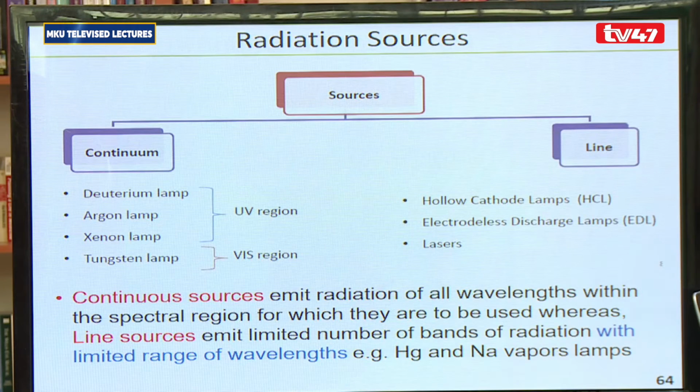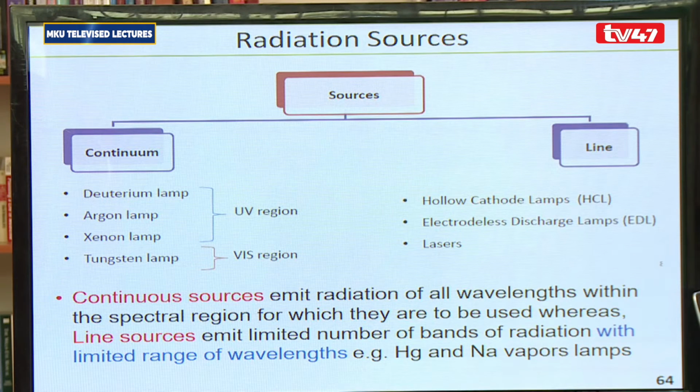For radiation sources, we defined radiation sources into 2 broad categories. We said we have continuum sources. Continuum sources will give you all the wavelengths. And then we have line sources. Line sources will only give you discrete lines. For example, examples of line sources, we have the hollow cathode lamp and the electrodeless discharge lamps. These 2 are used in atomic absorption spectroscopy.